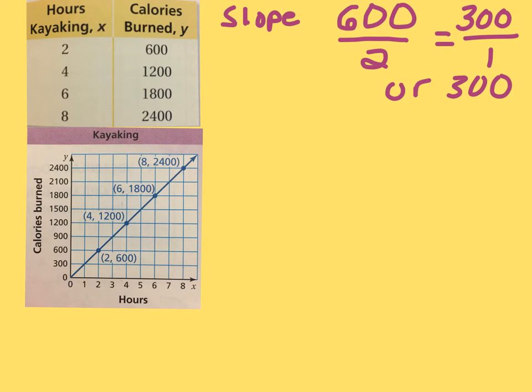Okay? The other point is to find, remember, our y-intercept. Okay? Where does this line cross the y-axis? This line crosses the y-axis at, you can see it right there, 0. So our y-intercept is 0. Now we just need to write our equation. Okay?